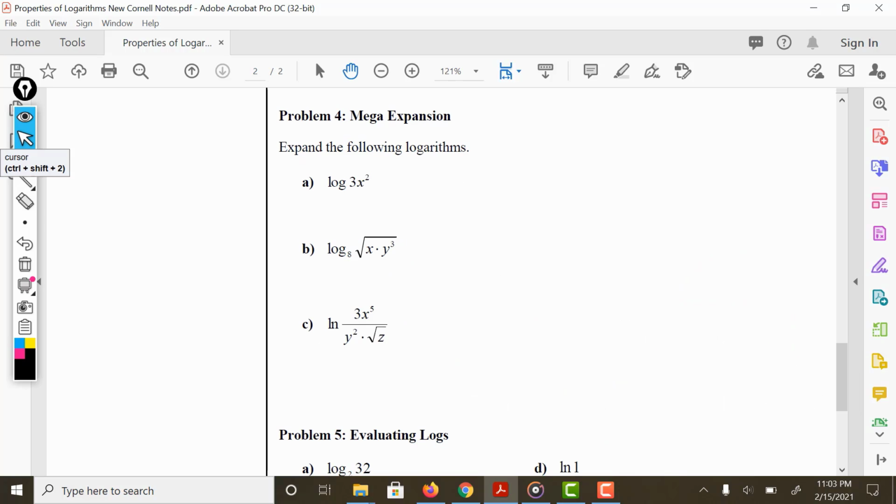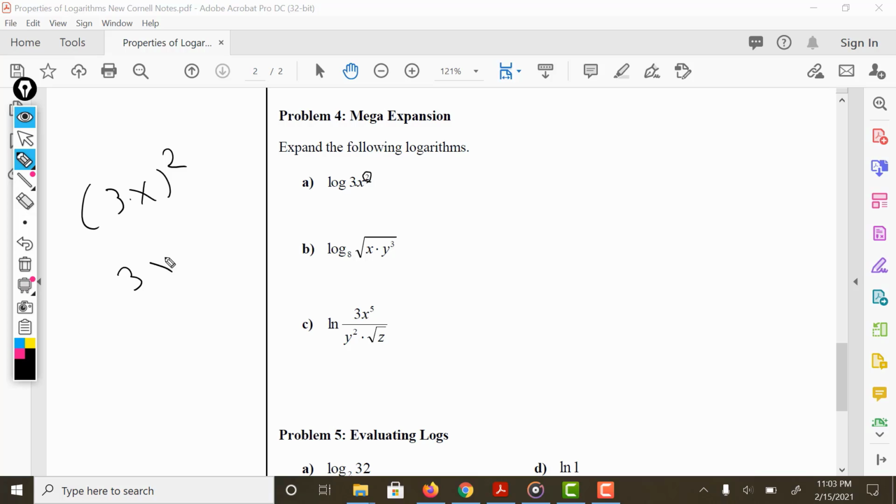This is going to be the opposite. This is going to be kind of like distribution, but it's not. So notice that there's a multiplication going on and a power. But this power only belongs to the x. It does not belong to the 3. So if we had this, for example, then the 2 belongs to both of the terms inside.